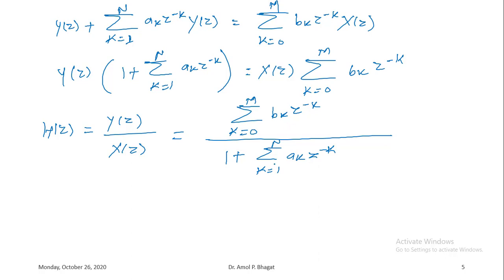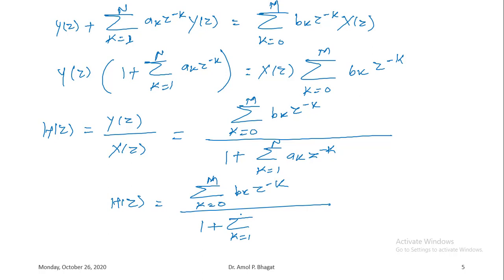And by factorizing the denominator we can identify the values of poles, right? So this function, this H of z, is simply summation k equals 0 to m bk z to the power minus k, right, upon 1 plus summation k equals 1 to n ak z to the power minus k.